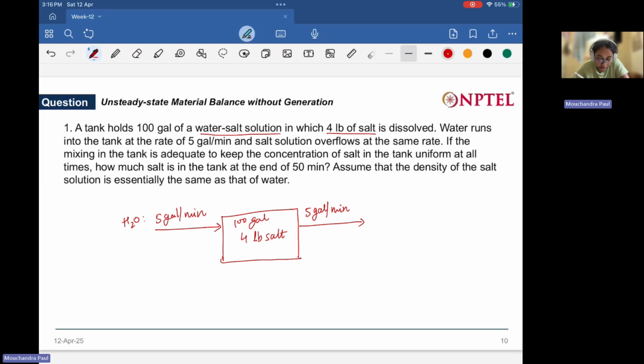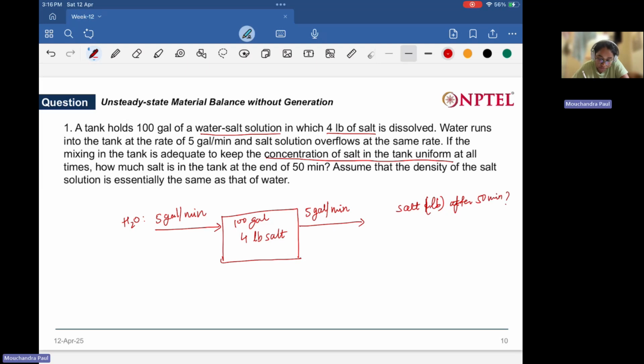The mixing of the tank is adequate to keep the concentration of the salt uniform at all times. How much salt is in the tank at the end of 50 minutes? So they want to know the salt concentration, or the salt mass in pounds, after 50 minutes.